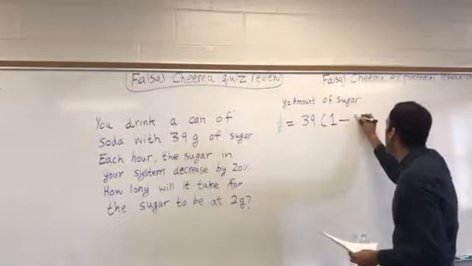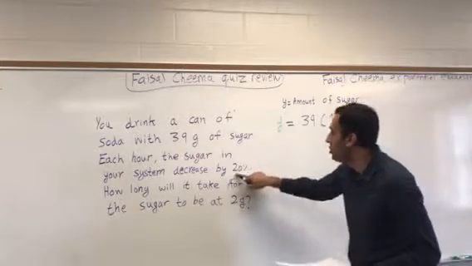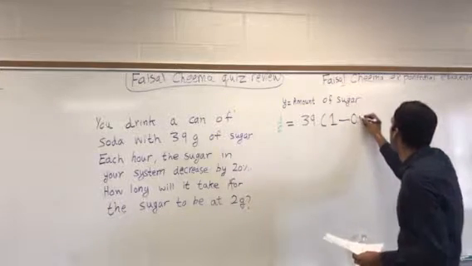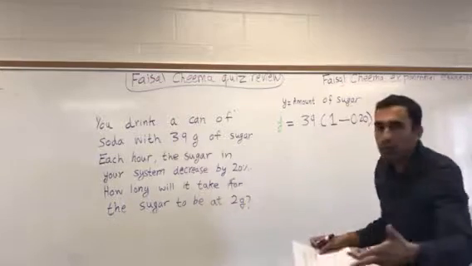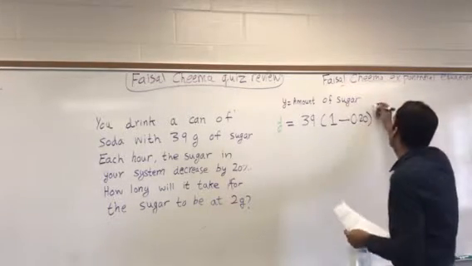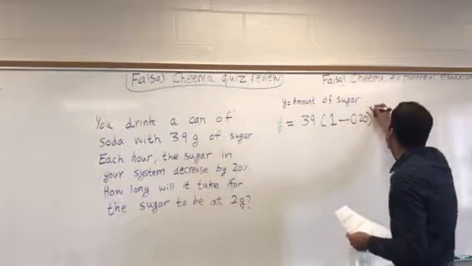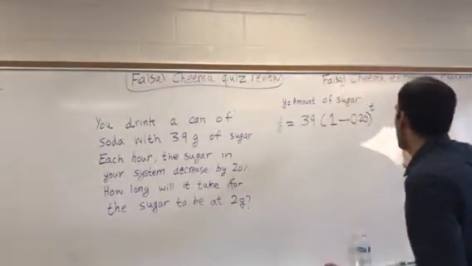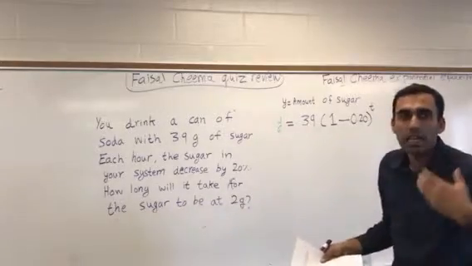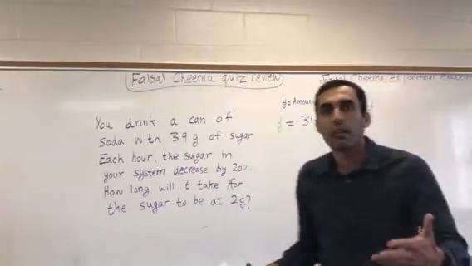Negative, and by how much? 20%, 0.20. And every hour, so that's where you'll have a t as your exponent. Make sure it's your exponent, and it's decreased by a certain percentage every hour.